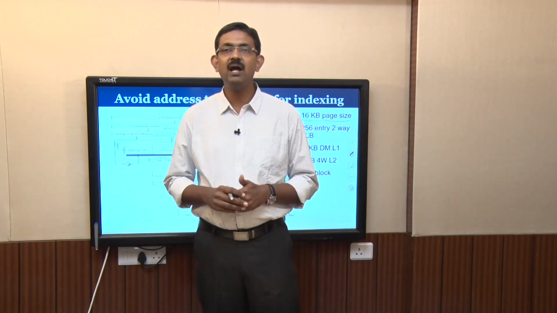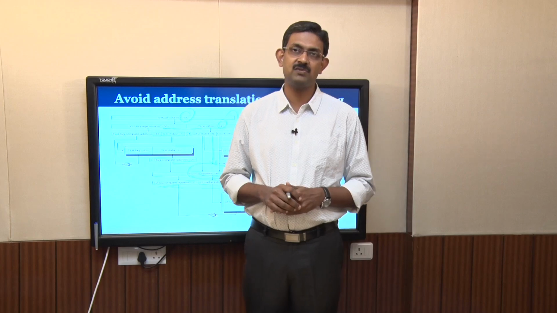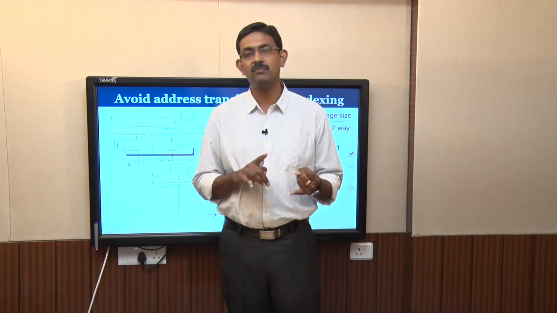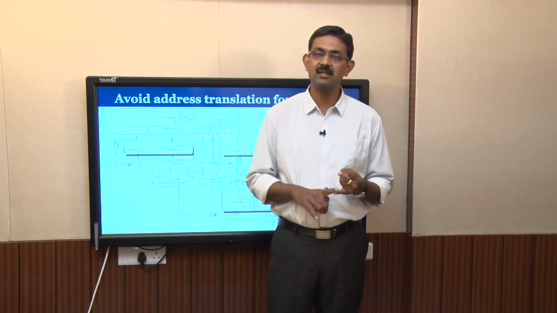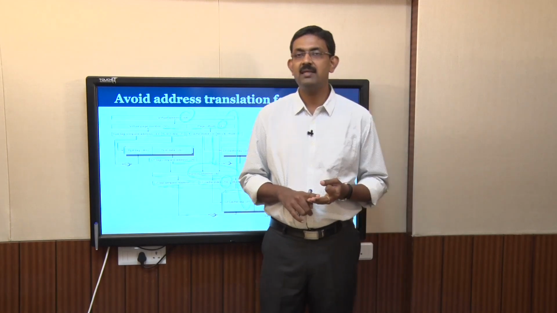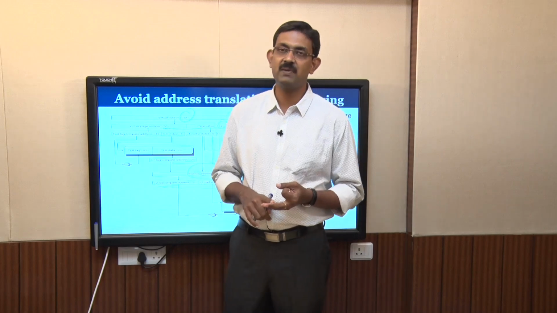So we have just completed 6 different optimizations for the day. We tried 3 optimizations focusing on reduction of miss rate by having larger blocks, larger caches and higher associativity. Then we learned 2 techniques to reduce the miss penalty.